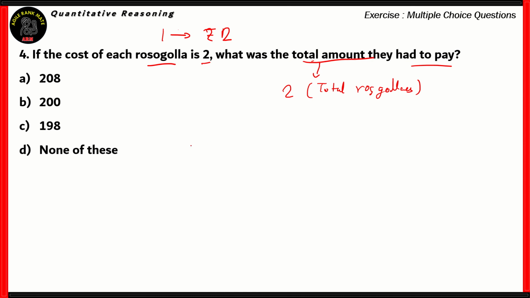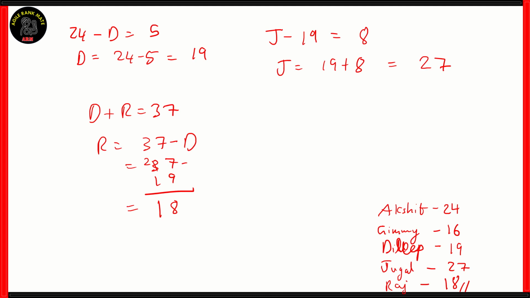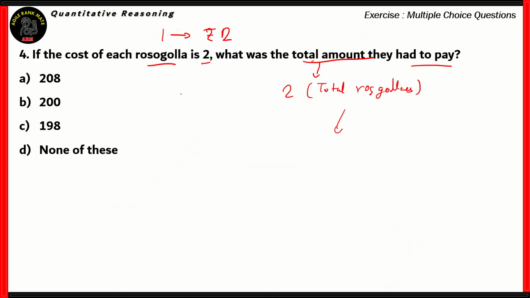So for that, we need to calculate total rasgullas, which would be equal to the sum of all of their values. So Akshit ate 24, Gimme ate 16, Dilip ate 19, Jugal ate 27, Raj ate 18 rasgullas.